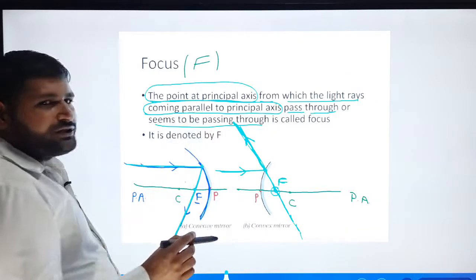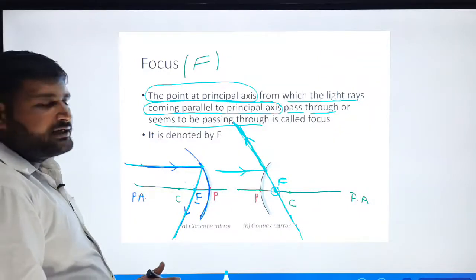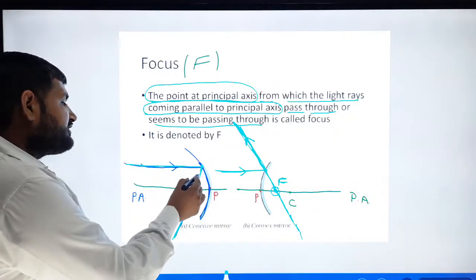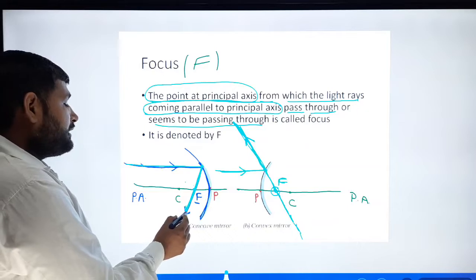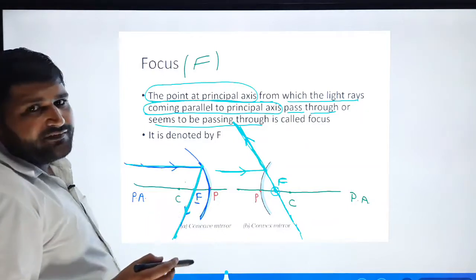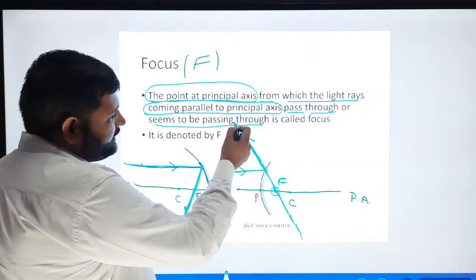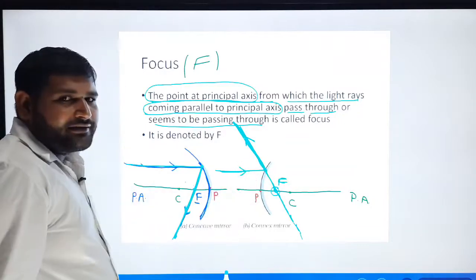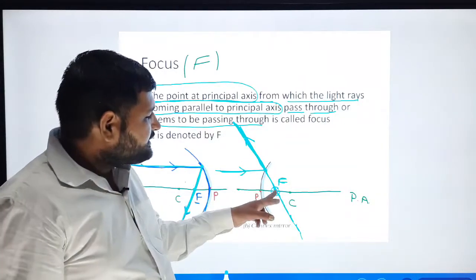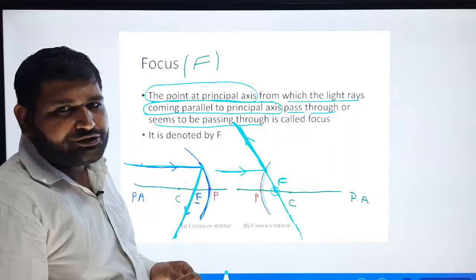So this definition includes both these possibilities. The first one is when the reflected light rays are passing through the focus in the real sense, and in this case the reflected light rays seem to be passing through this virtual point of intersection.